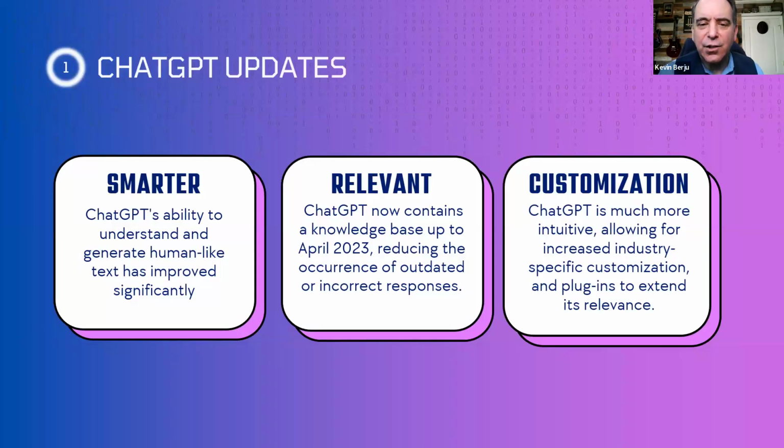And you can customize it. Chat GPT is much more intuitive, allowing for increased industry-specific real estate customization of plugins, and we'll get into the plugins at the end, to extend its relevance. So we're going to unpack some of those enhancements today and how to use them.